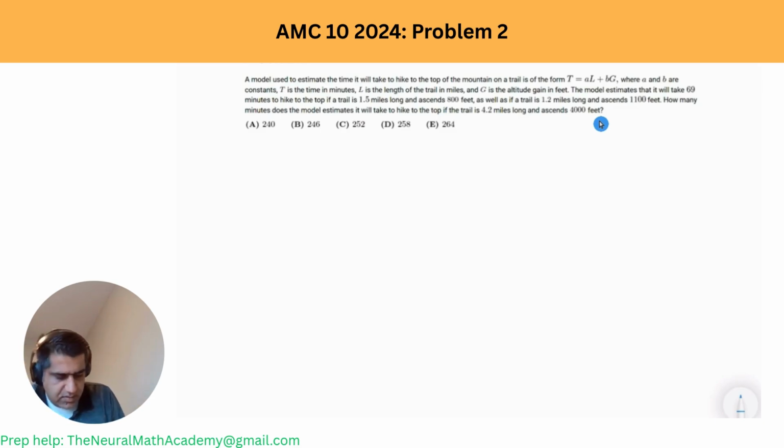So let's start with the model, or the linear equation, that is given. So we have time equal to AL plus BG, and we will start solving for A and B. First we need to find the constants or the parameters for this equation, and then we can find out for the given case.